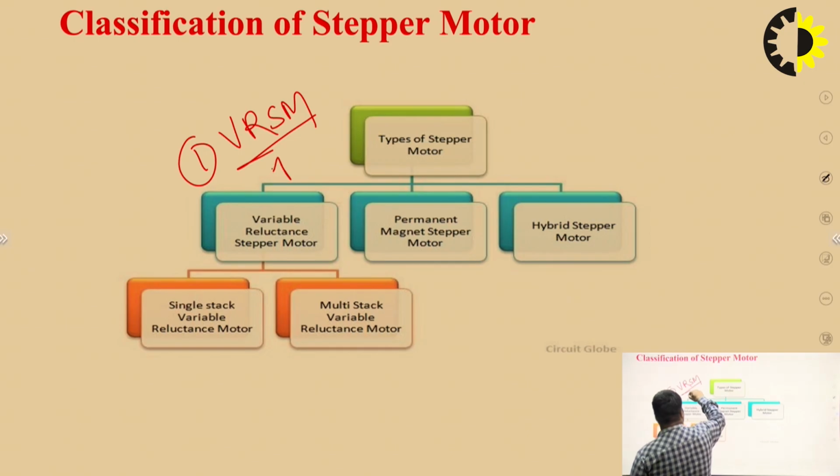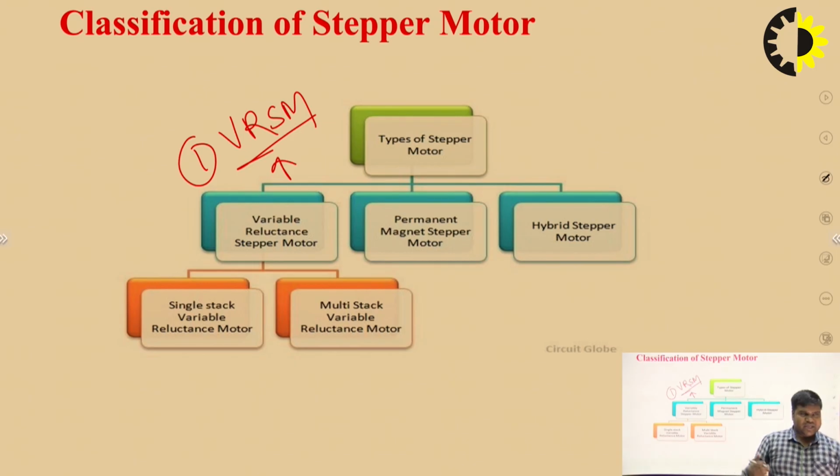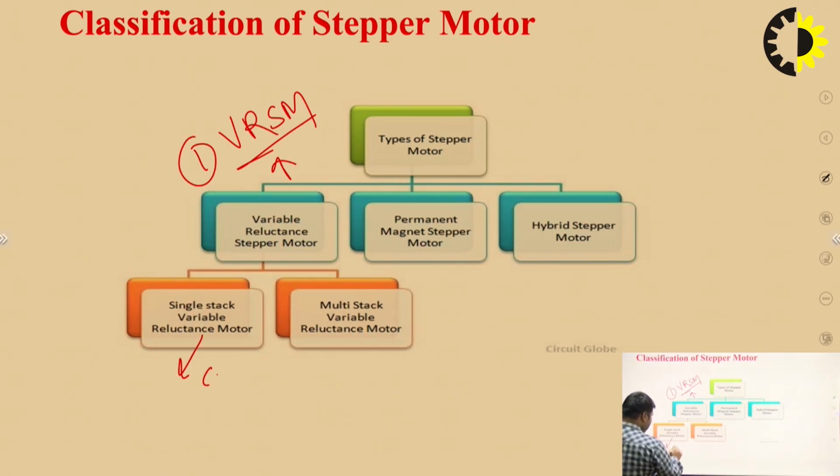This is the very first classification of stepper motor, which is further classified into two categories. The first one is single stack variable reluctance type stepper motor, and the other is multiple stack variable reluctance stepper motor. The single stack variable reluctance type stepper motor requires only one stack.